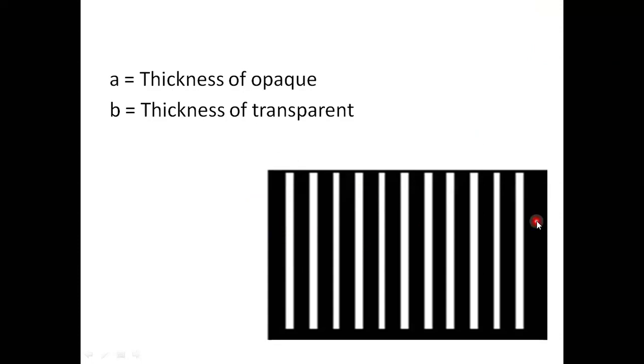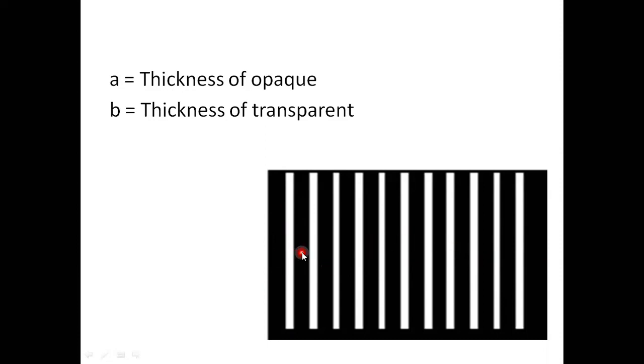So this is a diffraction grating, which contains a large number of alternate opaque and transparent lines, or we can say that this is a glass plate which contains a large number of parallel slits, because each transparent portion is acting as a slit.